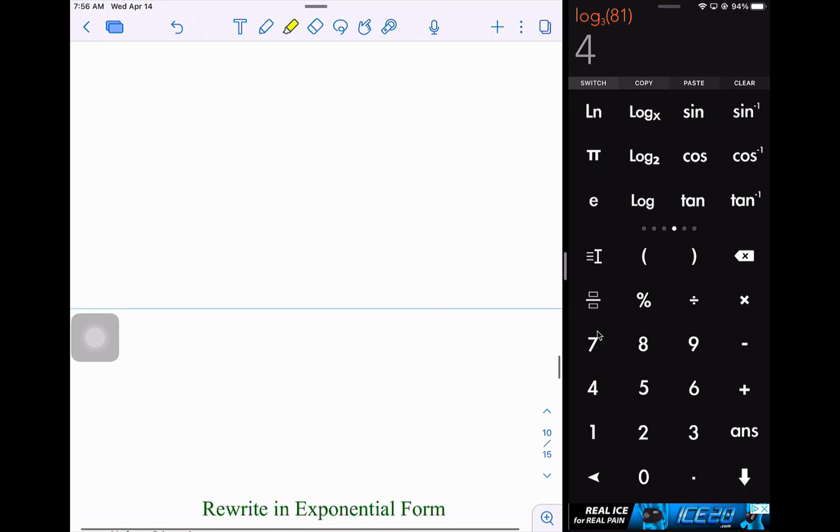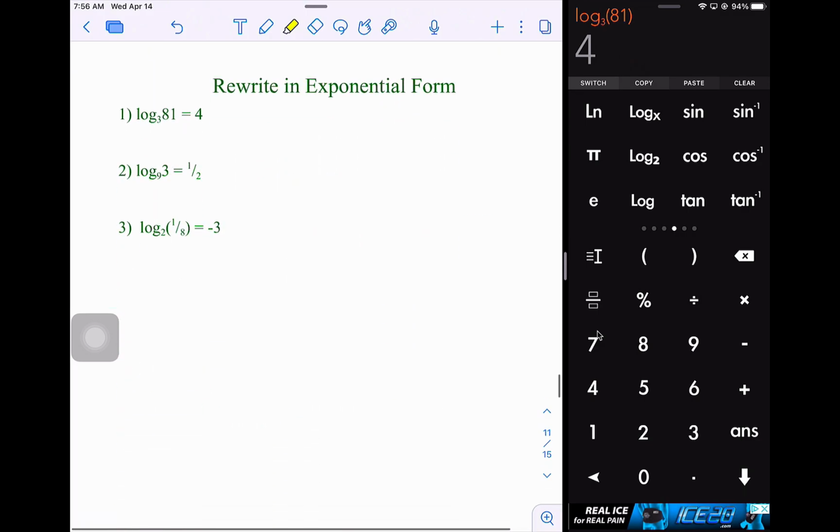Okay? So let's take a look. Now we're doing the opposite of what we started with. If I want to rewrite these in exponential form, we're already in logarithmic form. This one we kind of did the other way. Easy place to start. The base of the log is the same as the base of the exponent, so I know it's going to be base 3.